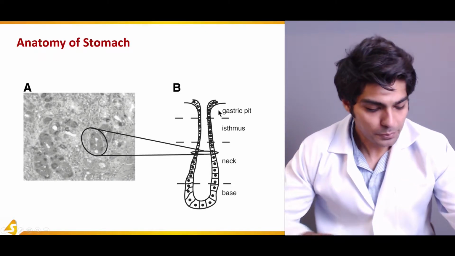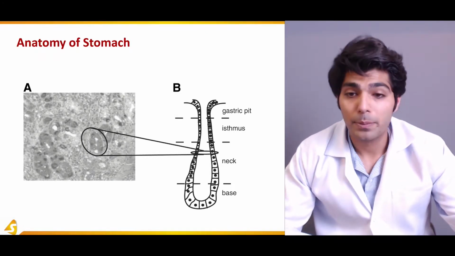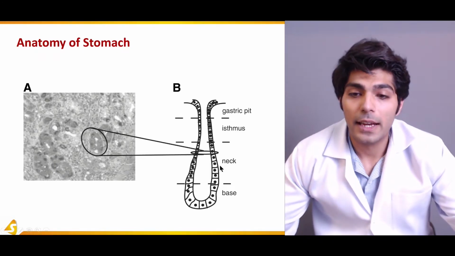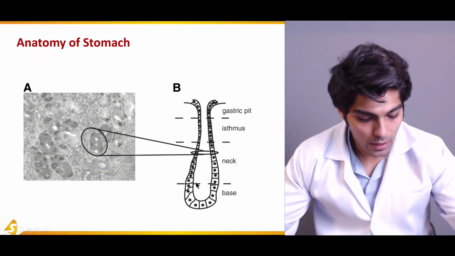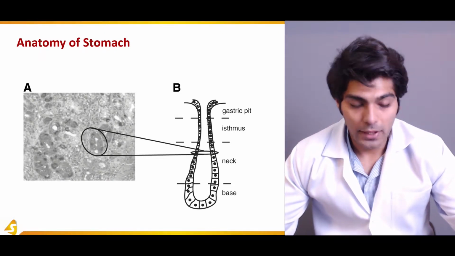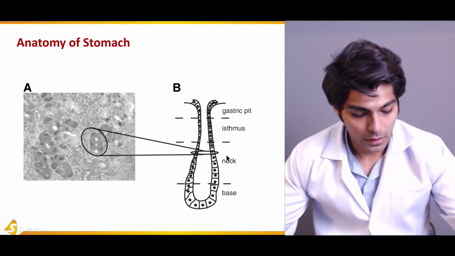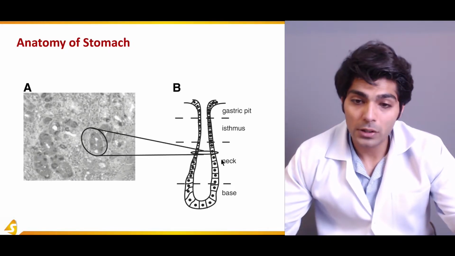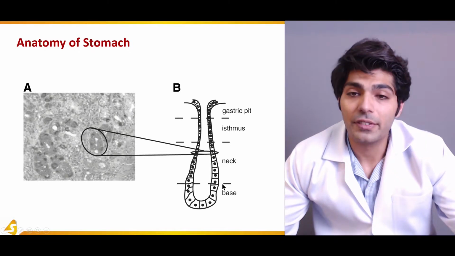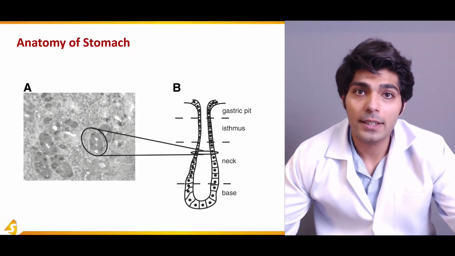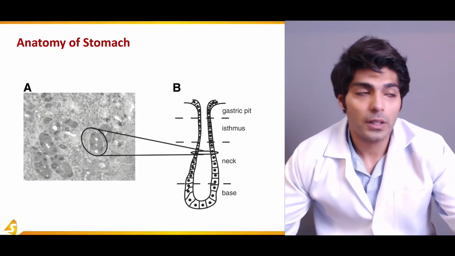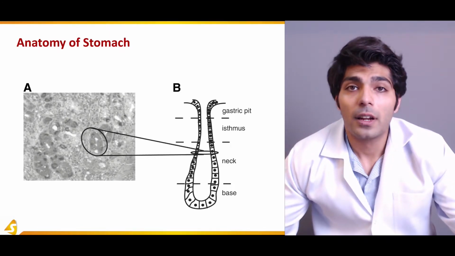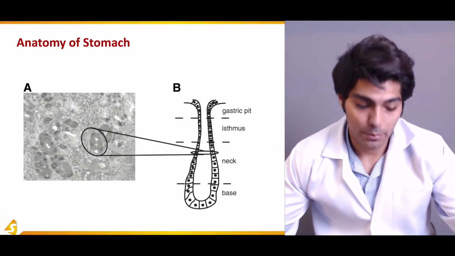First we have the foveal cells, which are present at the neck portion, and they produce mucus. Then we have chief cells present at the basal region, and at the walls are present the parietal cells, which secrete HCl, the hydrochloric acid involved in digestion in the stomach, and the intrinsic factor for the absorption of vitamin B12.